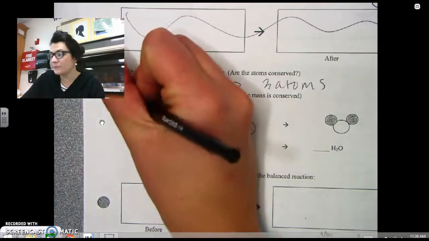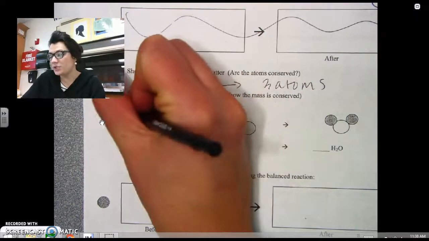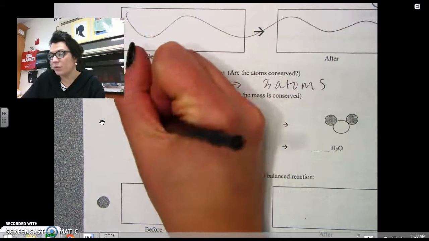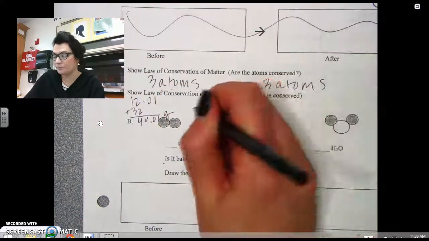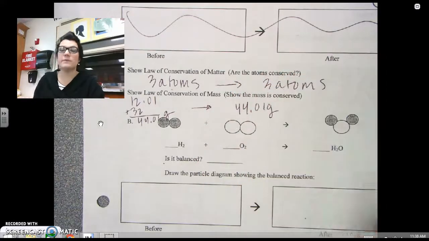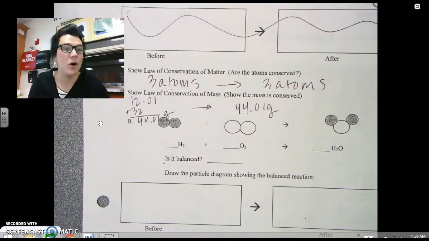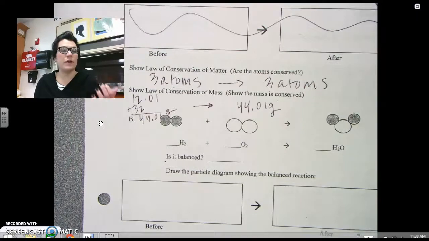So I would have 12.01 plus 32, which is oxygen, so this would be 44.01 grams on the reactant side. And I also have 44.01 grams on the product side, therefore mass is also conserved. Okay, now that one was easy because it was already balanced.